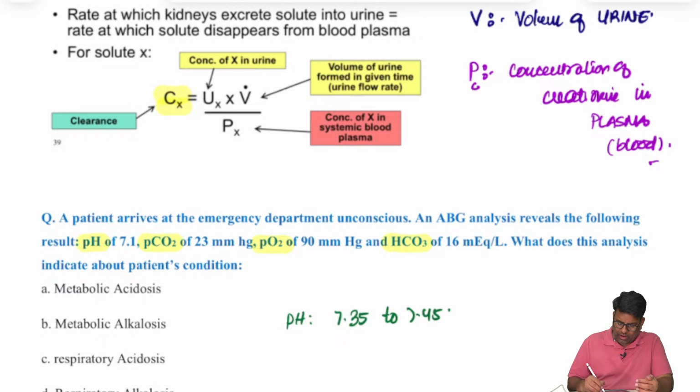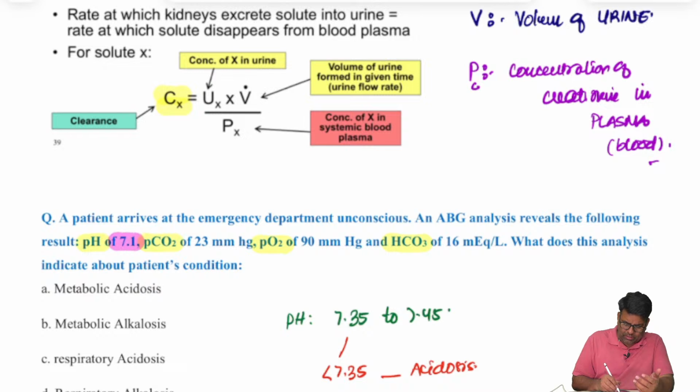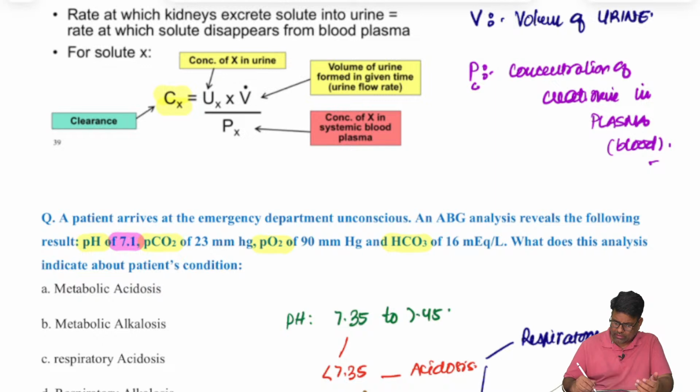So if any value is less than 7.35, you will call it acidosis. Yeah, so I think most of you must be knowing this already. And looking at the question, the pH here is 7.1, so that is acidosis. Now there are two ways in which acidosis can develop. One is respiratory and another is metabolic.